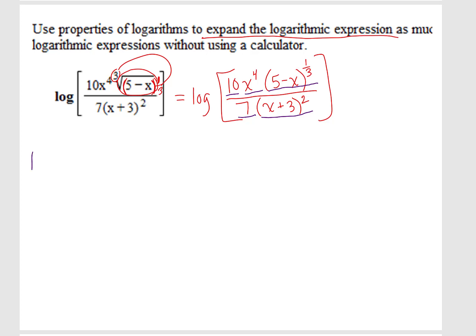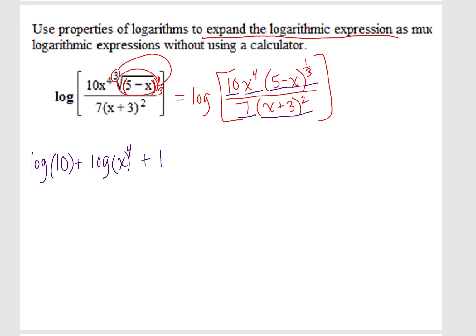So common log of 10 plus, it's positive because I'm still in the numerator, common log of x to the 4th plus, and I'm still not putting parentheses around them.